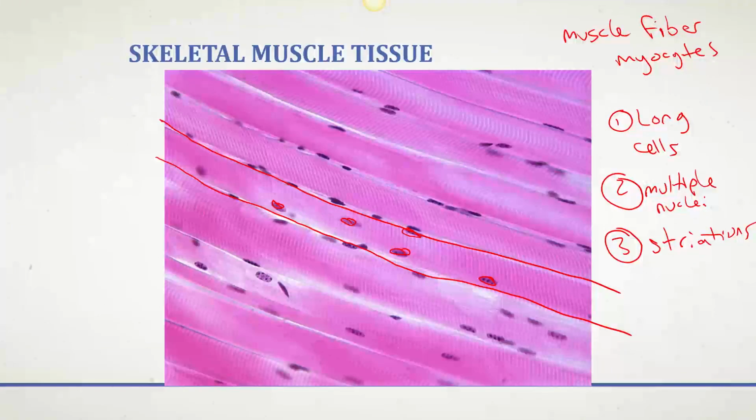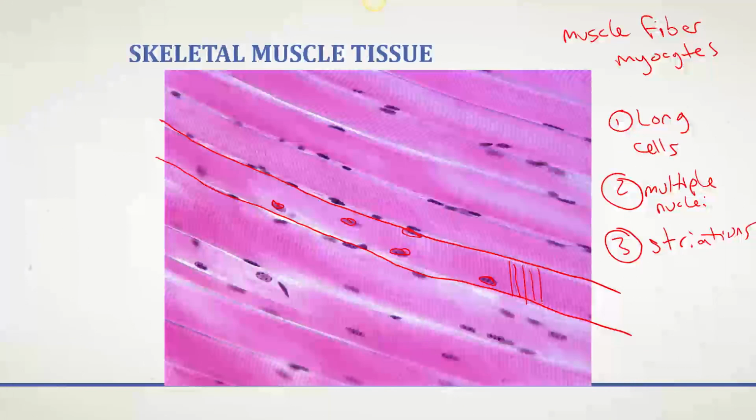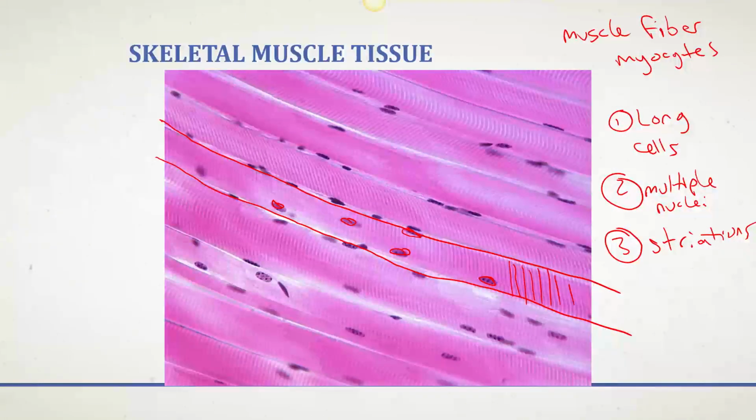So these are multinucleated, elongated cells, and they have striations. The striations are the stripes that you see. And those stripes are where you have the perfect alignment of actin and myosin filaments, those microfilaments that allow for the contraction of this muscle. Now we'll learn about those once we get to the muscular system, but here you can see those striations.